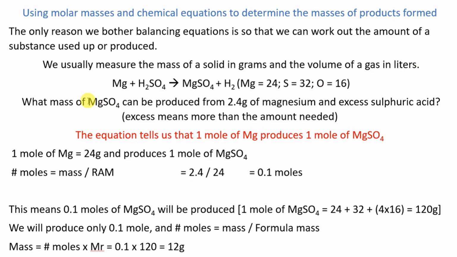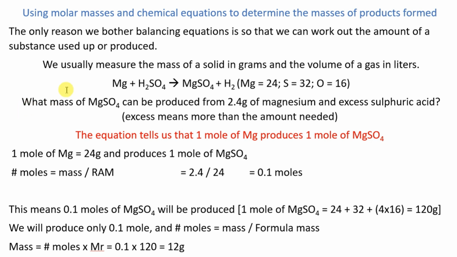So, I'm given an equation. I'm given the relative atomic masses. Question: what mass of MgSO4 can be produced from 2.4 grams of magnesium and excess sulfuric acid? Excess means you've got more than you need. In other words, when it comes to calculations, don't worry about it.